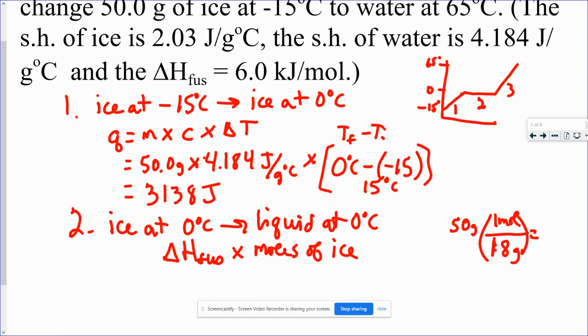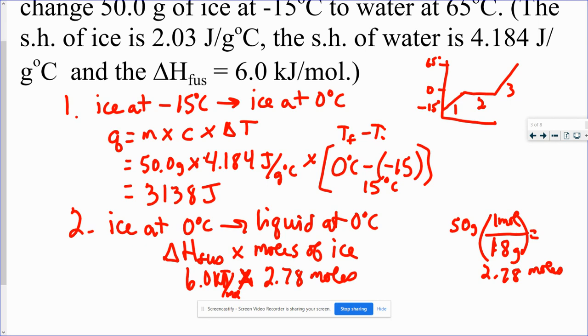So 50 divided by 18 is 2.78 moles. So 2.78 moles, and the heat of fusion is, oops, it's a times 6 kilojoules per mole.